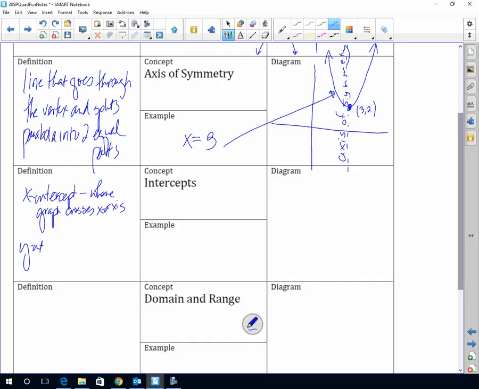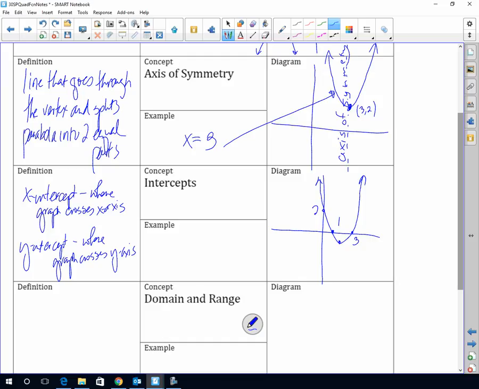It's a value, it's not a coordinate, even though it is a point. When I ask for the x-intercept, it's a value. So for instance, if this is my parabola here, we'll just kind of go like this and like this. This is say 1 and say 3. This is say 2. So my example would be my x-intercepts are 1 and 3 and my y-intercept is 2.